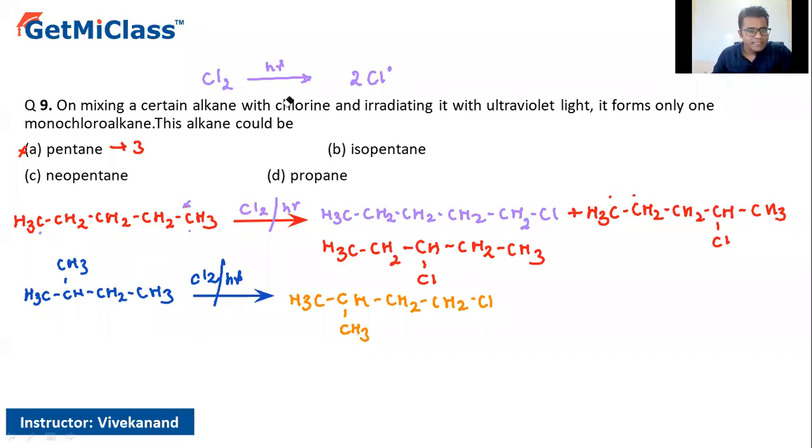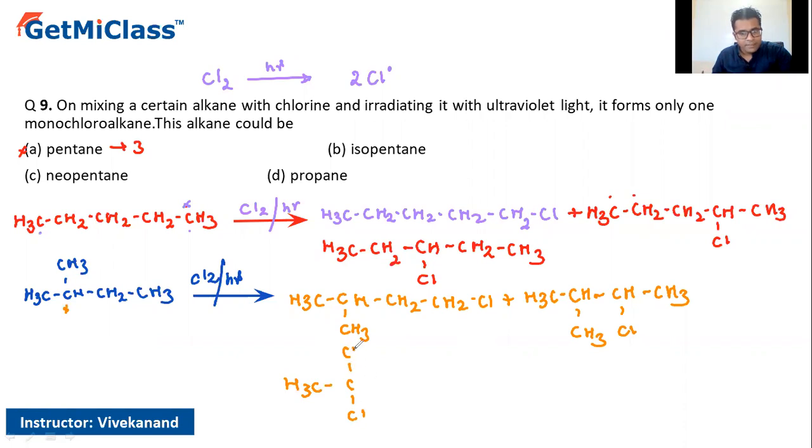Now, let's say the second carbon is under attack. That time we are going to have CH3, CH, CH3, CHCl, CH3. Second possibility is that this particular carbon can be under attack. That time we are going to get CH3, CCl, CH3, CH2, CH3.